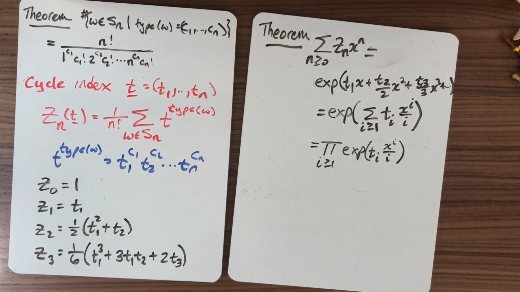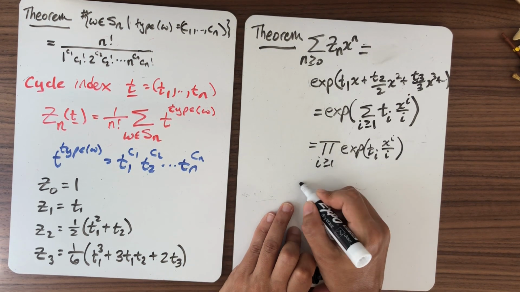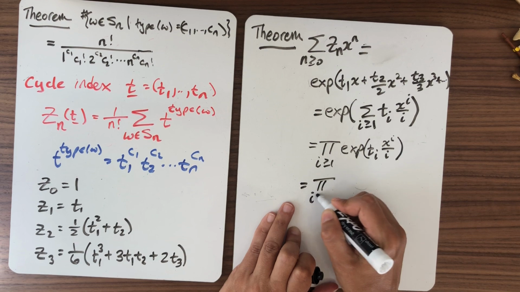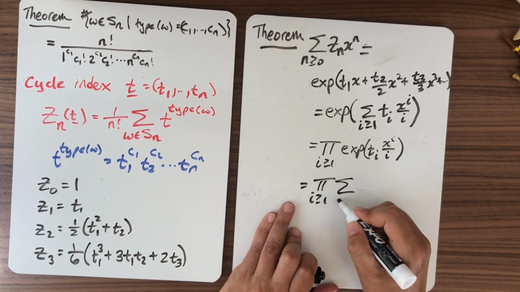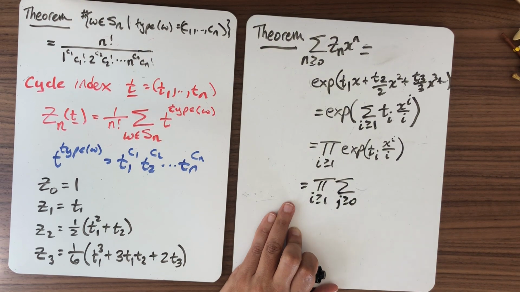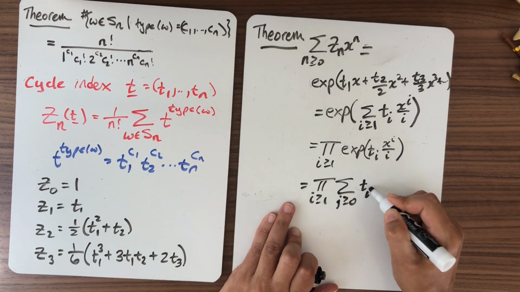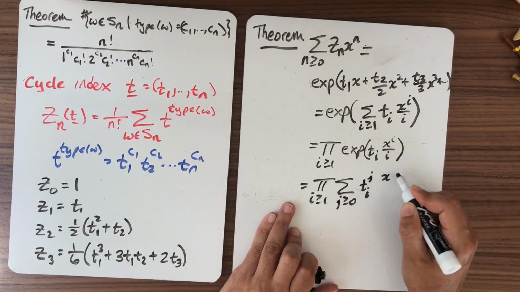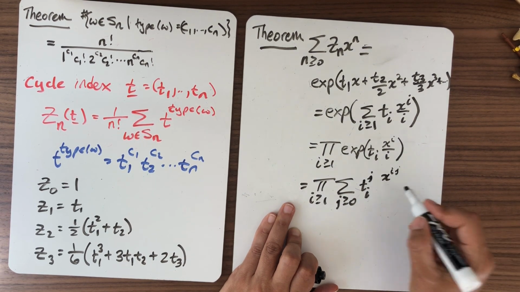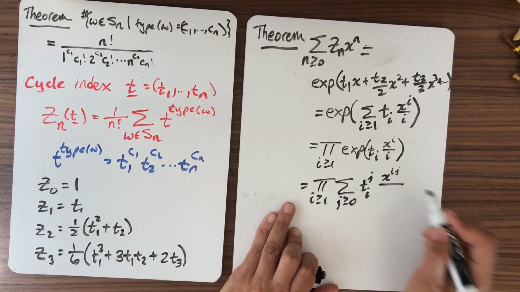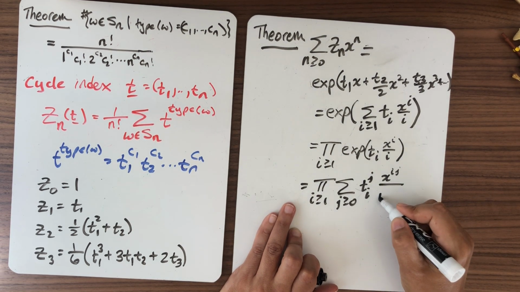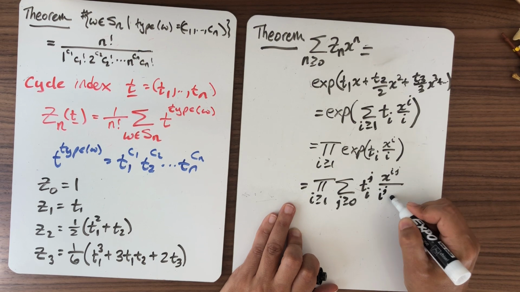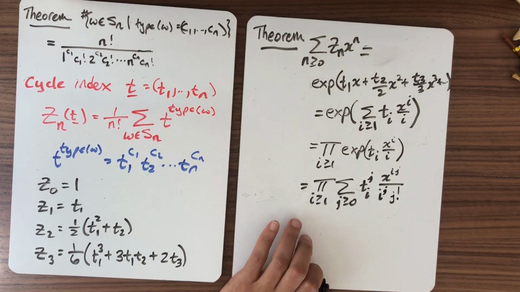I know what the power series of this is. So this is going to be the product, i greater than or equal to 1, of the sum of j greater than or equal to 0 of t sub i to the j, x to the i to the j, but exponents add like that. And now in the denominator, I'm going to have my i to the j, and now I get my j factorial, which comes from e.